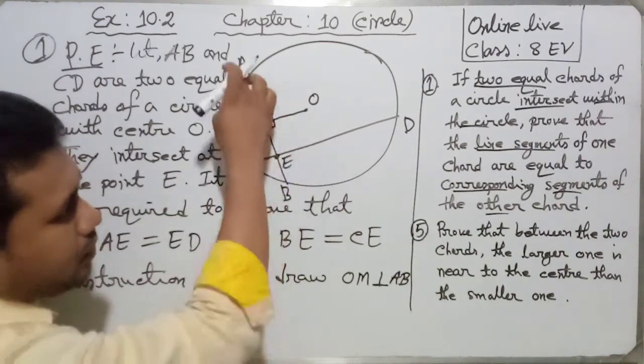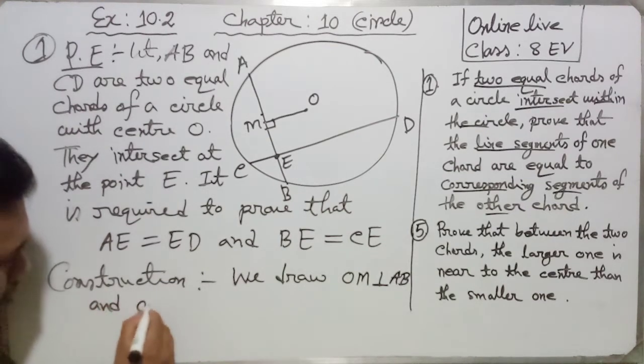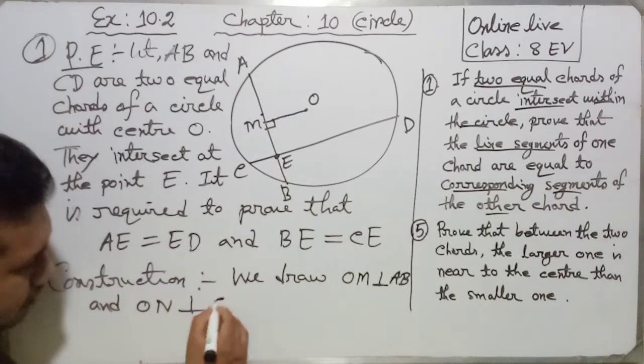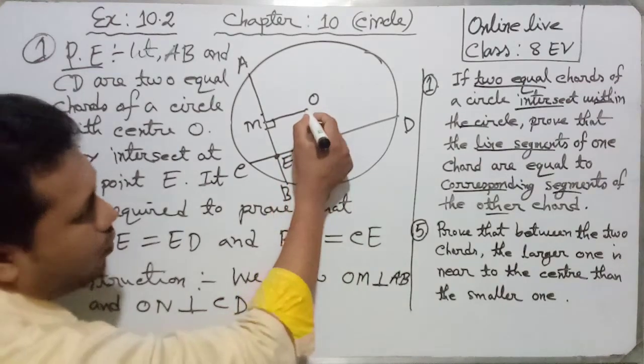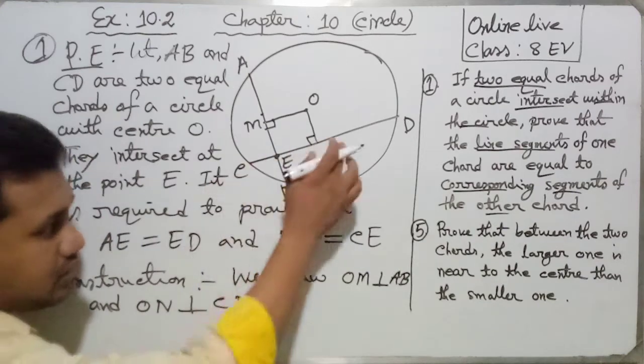This OM is perpendicular to AB, and ON perpendicular to CD, draw ON, this one perpendicular to CD.